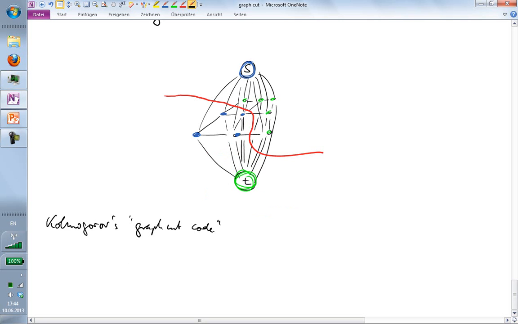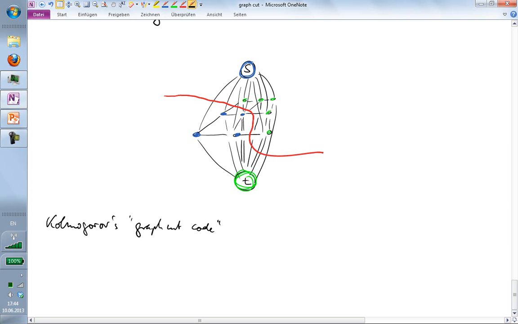You start growing a tree from both the source and the sink, and you keep extending these trees until they touch at some point, at which point you have found an augmenting path.